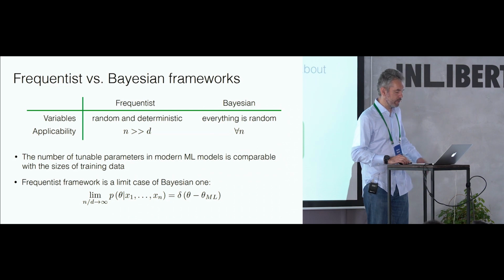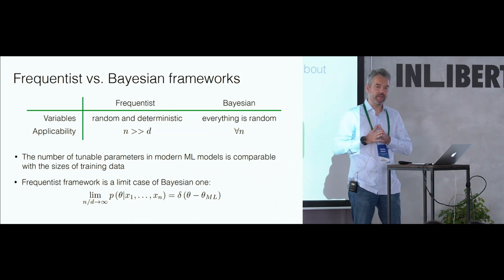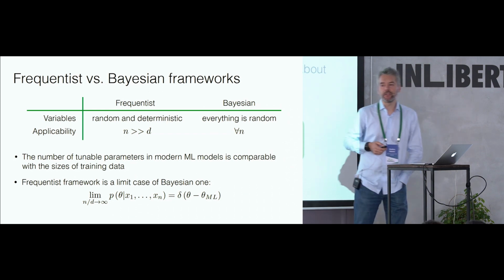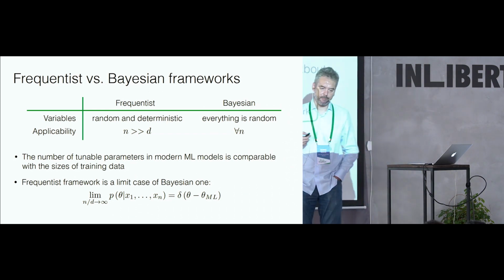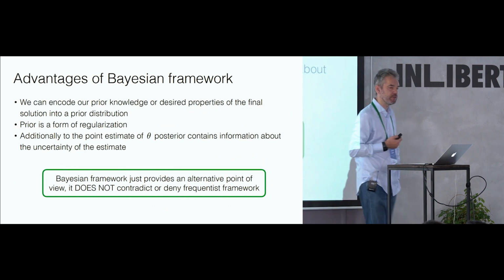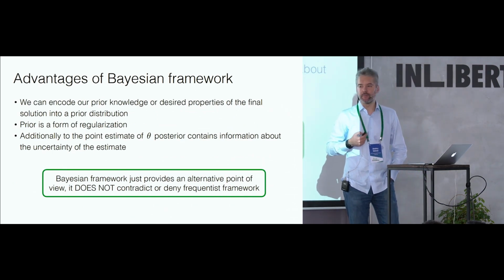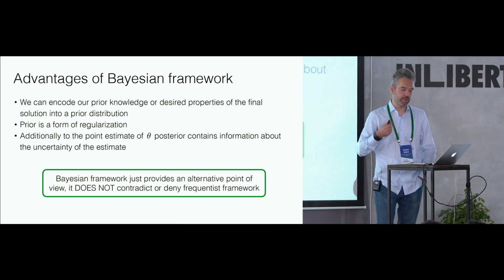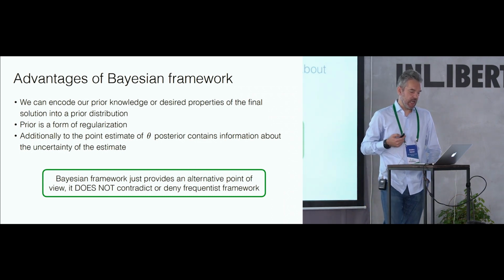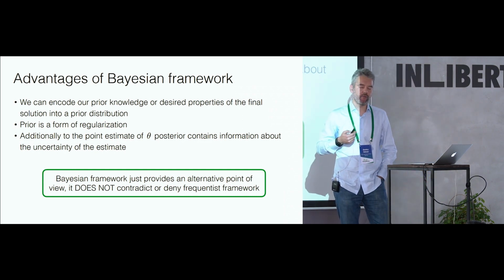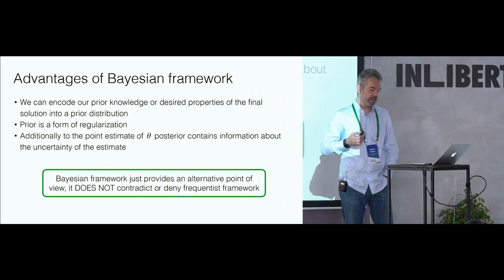Okay, so to summarize, what are the advantages of the Bayesian framework? First of all, we can encode our prior knowledge, our prior information about possible values, about preferences of variables to be estimated, in terms of a prior distribution, and then we can simply update it using Bayes' theorem. The prior distribution can also serve as a kind of regularization.